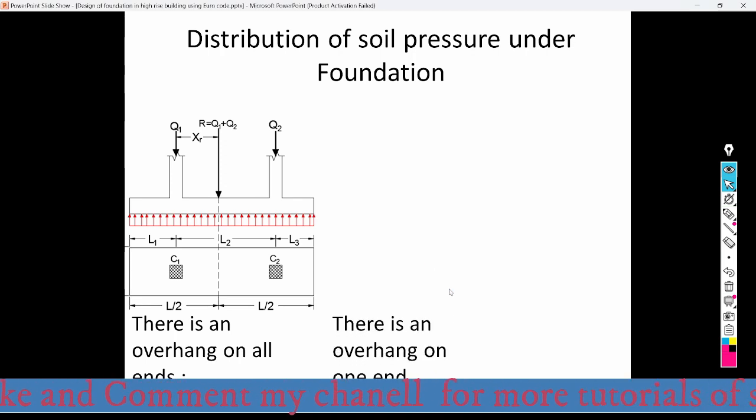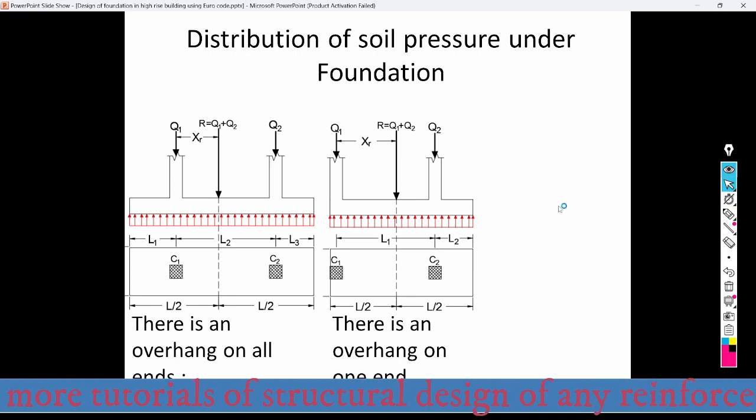And the other case is where there is an overhang on one end, meaning there is an eccentricity here. This column is located at the edge of the footing, and here there is some overhang.